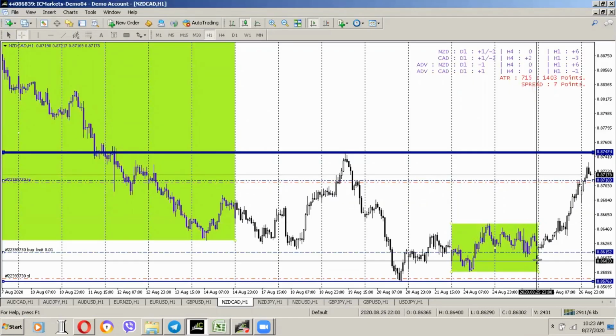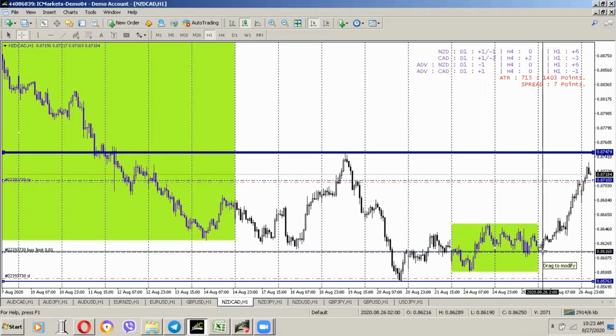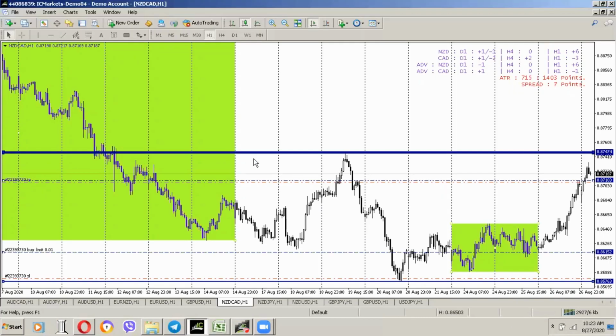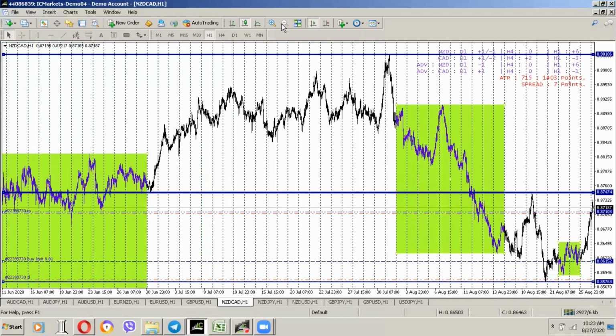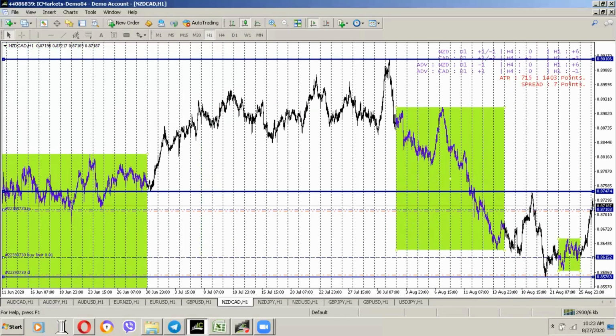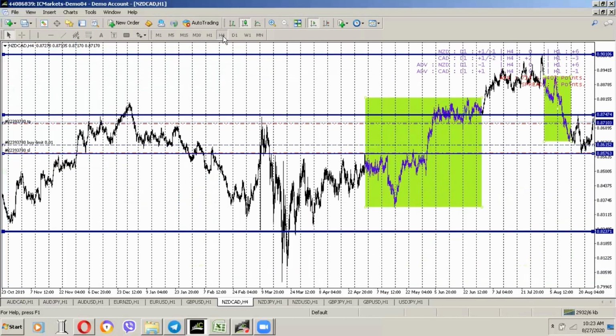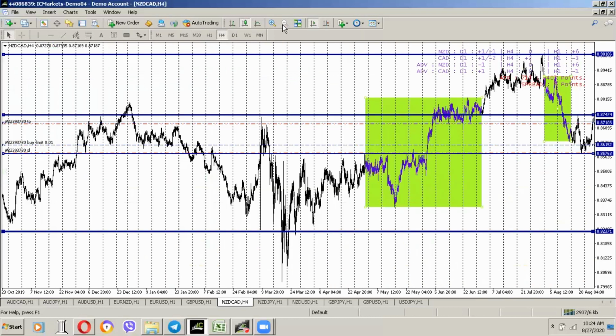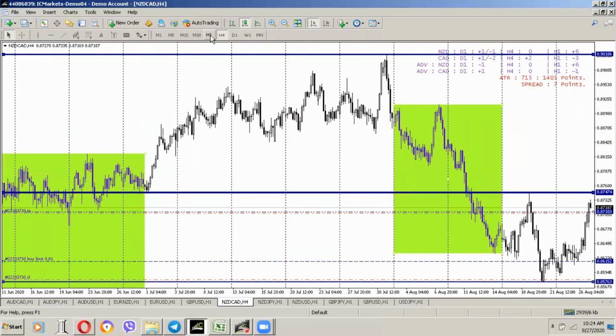Current distance from entry, we have around 102. ATR per hour, we have 71.5. For the market structure, scoring is in H1. So for me, this is still on ranging. Ranging pa siya for now.